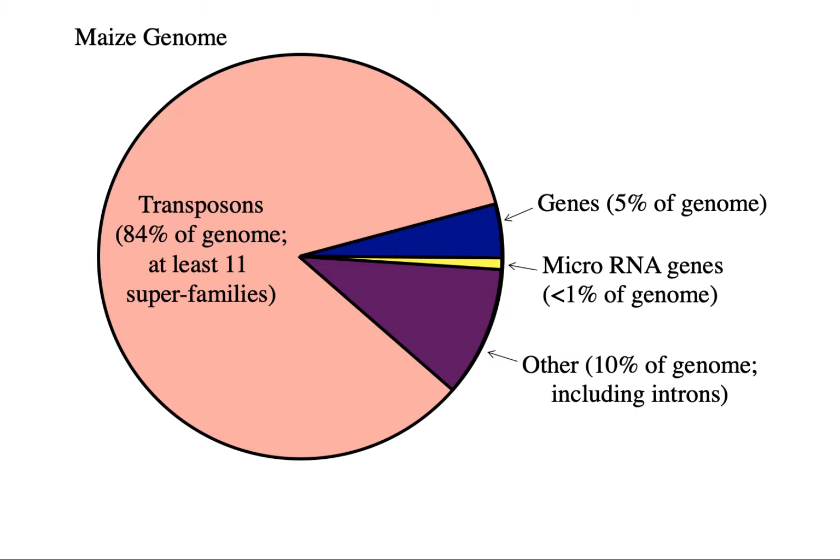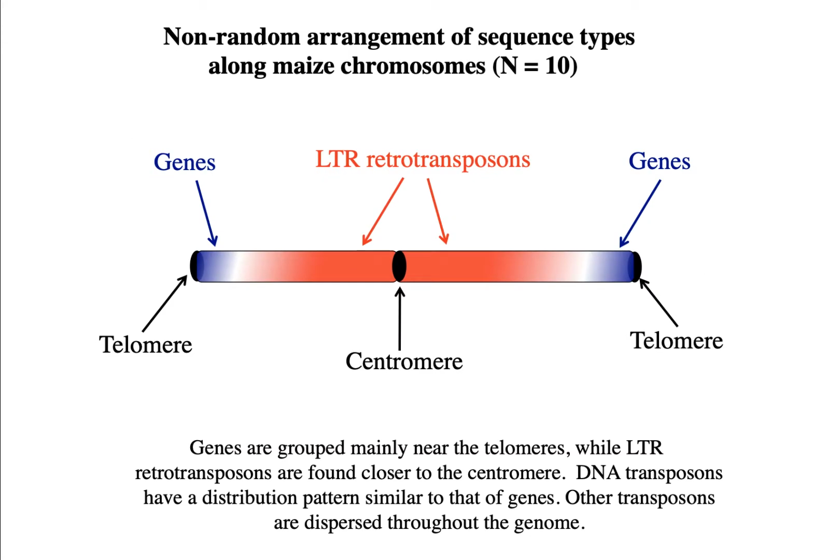So most of the genome is made up of transposons. The positions of the LTR retrotransposons have been mapped onto all 10 chromosomes of maize, and they're located in the central portions of the chromosomes, and you only find the genes, the mRNA genes and other genes, way out towards the ends of each one of the chromosomes, just before you reach the telomere regions.